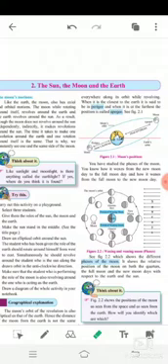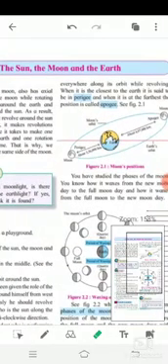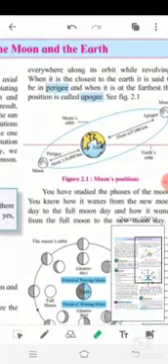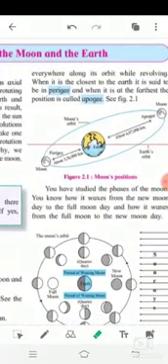While revolving, when it is the closest to the earth, it is said to be in perigee, and when it is the farthest, the position is called apogee position. See figure 2.1. Here the diagram is given, showing perigee and apogee position.